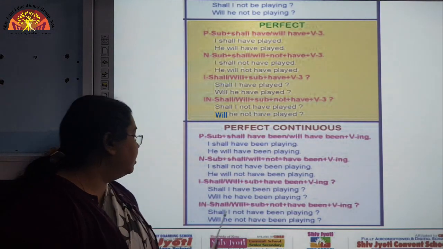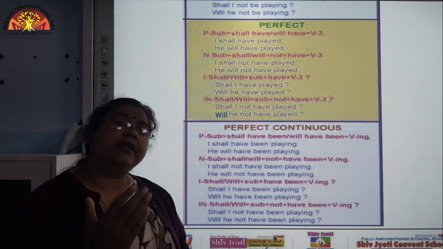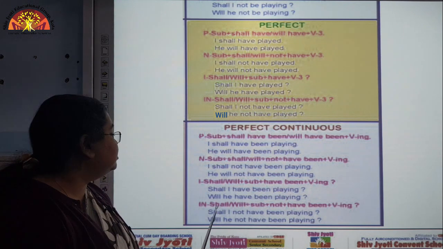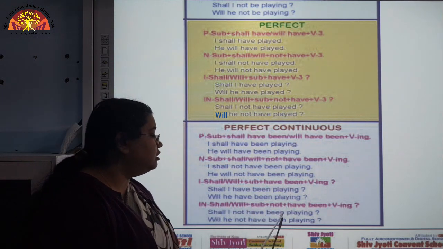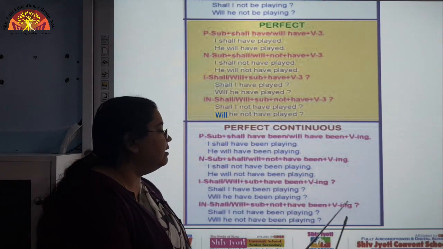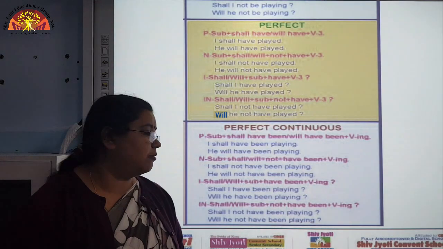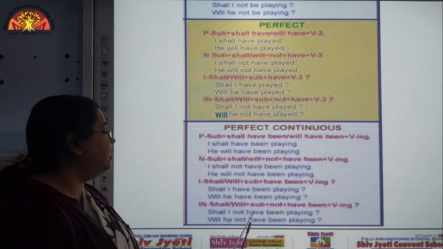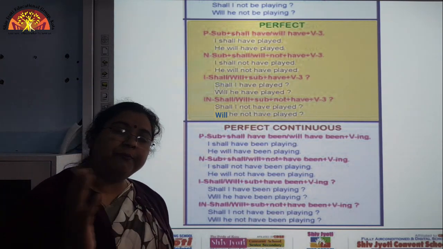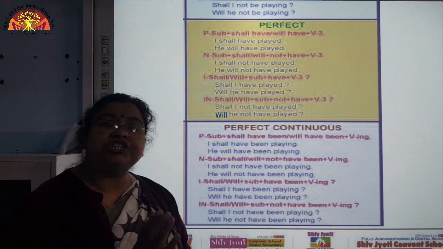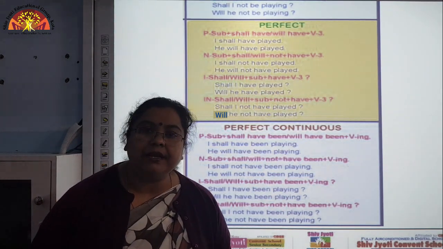Like this. Okay. Now, for interrogative negative sentence here, shall or will followed by subject plus not plus have been, and then ing form of the verb. So, here shall I not have been playing? Will he not have been playing? Will she not have been writing a letter?